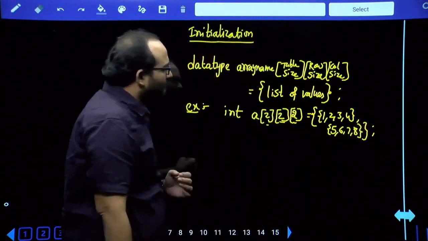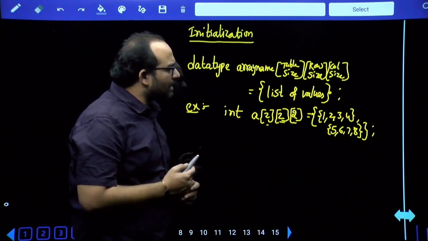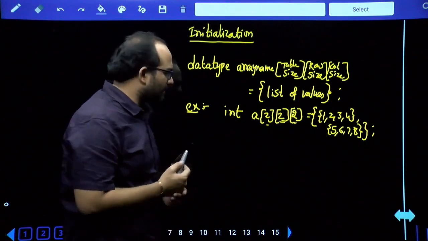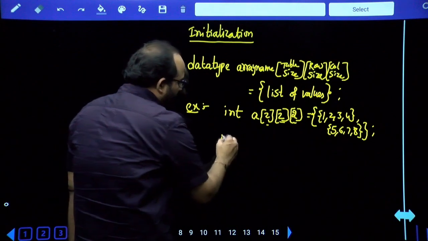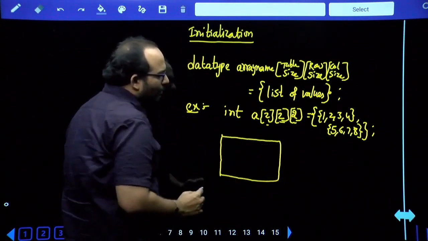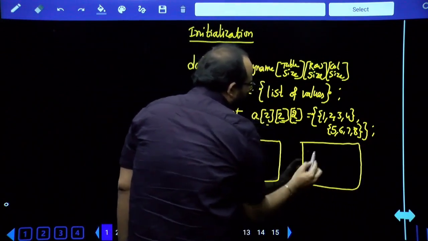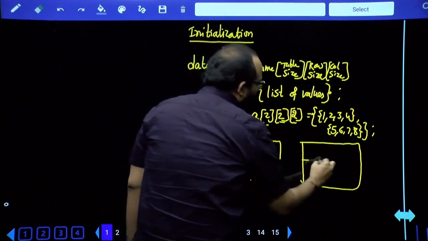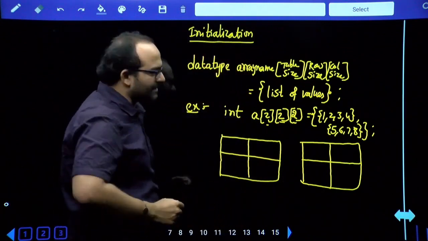Clear? Like this. So in the first table the elements stored are 1 2 3 4, and in the second table the elements stored are 5 6 7 8. So you can observe here clearly there are two tables, and in each table there are 2 rows and 2 columns.